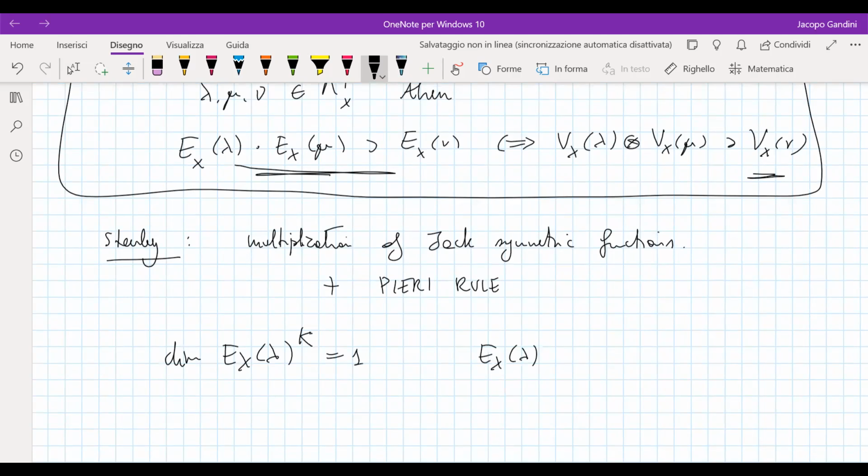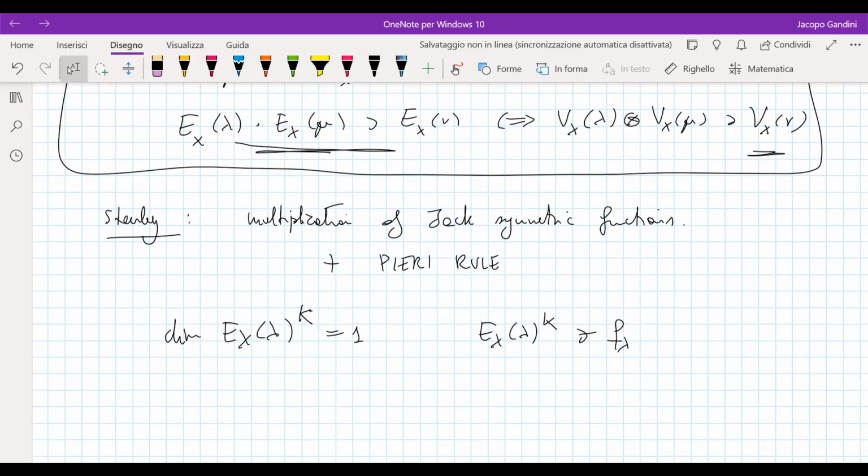The spherical function is just some non-zero function f lambda there. At the end, the algebra structure of our coordinate ring is encoded in this invariant ring, where I'm taking invariants on the left.